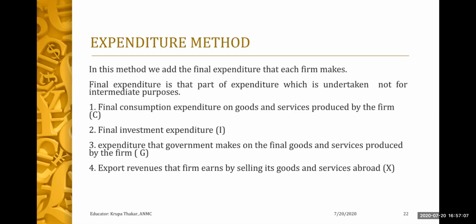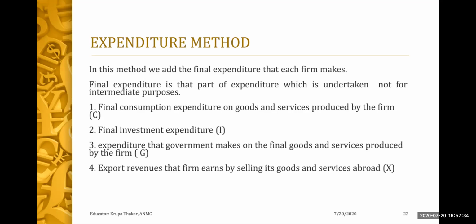Third, the expenditure that government makes on the final goods and services produced by the firm. All the expenses which government is going to make on final goods and services, that also we are going to add in the expenditure method. And the fourth thing which we are going to include is export revenues that the firm earns by selling its goods and services abroad.